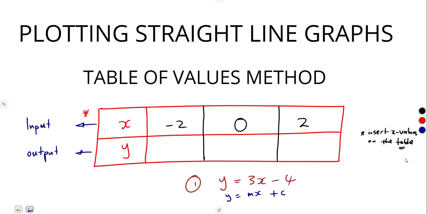So whether you are working with your friend or whatever, and you see that you have got different x values on the table, do not worry about that. As long as you have chosen three values from your Cartesian plane, the line at the end will be the same. So you might have different values here. I mean, someone can use -3, 1, and 3. You've got different values on the table.